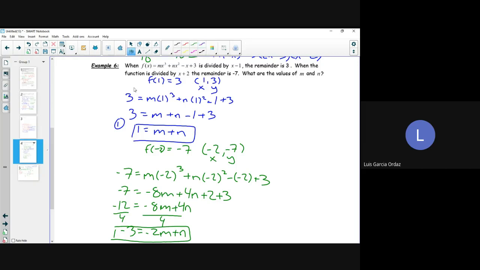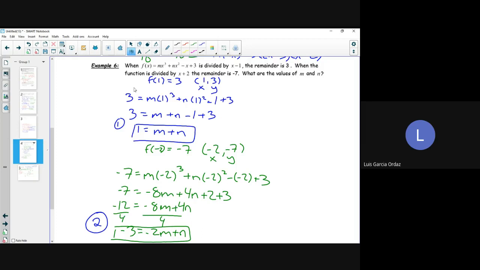So we have our two equations. We have 1 is equal to m plus n, and we have negative 3 is equal to negative 2m plus n. To figure out what m and n are, what are we going to use back from grade 10? Substitution or elimination.